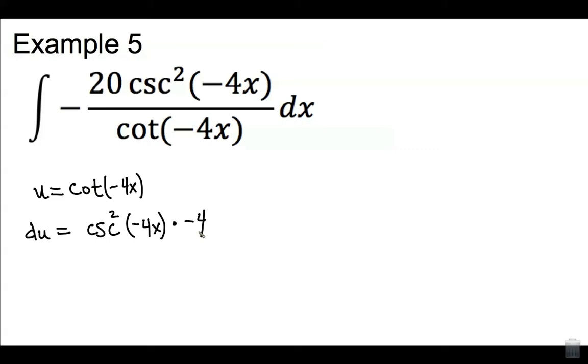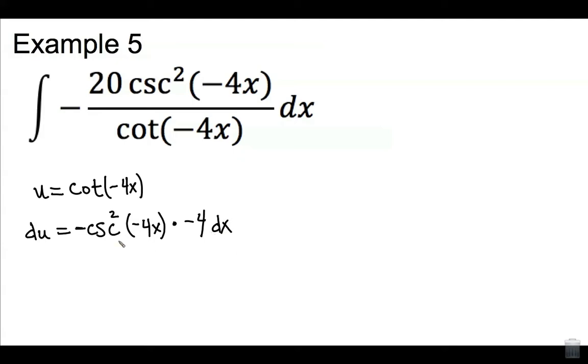Negative 4 dx, and I just made a mistake here. The derivative of cotangent is negative cosecant squared of negative 4x, times negative 4 is the chain rule, and then dx with the implicit differentiation.